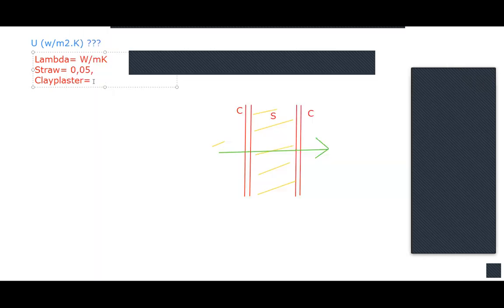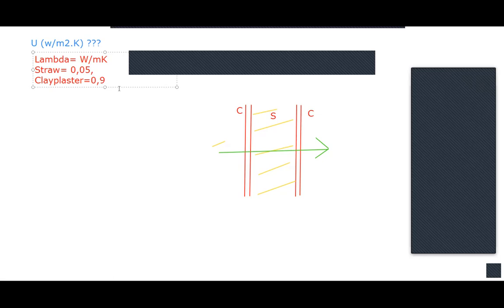Actually, in some of the documents which we have, there's 0.9. Somewhere it's close to 1. Somewhere it's 0.6. It also depends on the amount of straw and so on. But 0.9 we can definitely use. So these will be the two values that we will use.